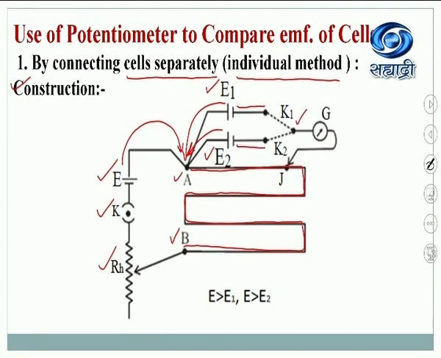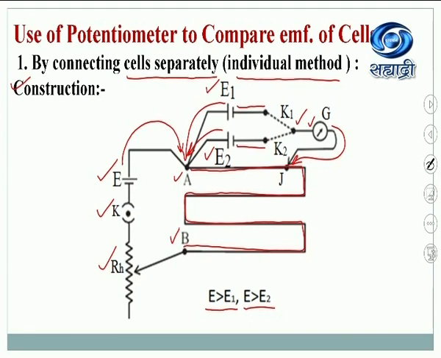The center tap of this two-way key is connected to the galvanometer, and the other end of the galvanometer is connected to the jockey, which we can slide on this potentiometer wire. So this is how the circuit is constructed to compare the EMFs of the two cells by connecting them separately. Remember here, the EMF E must always be greater than E1 when we use E1 in the circuit, or greater than E2 when we use E2 in the circuit.